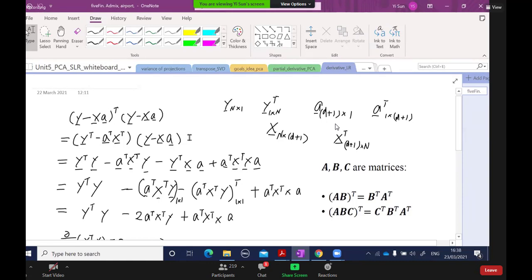Now, similarly to how we expand A plus B multiplied by A minus B, we do that expansion, right? How do we do this? The first term, Y transpose multiplied by Y, we write down here. This term, that is minus, multiplied by Y, we write down here.